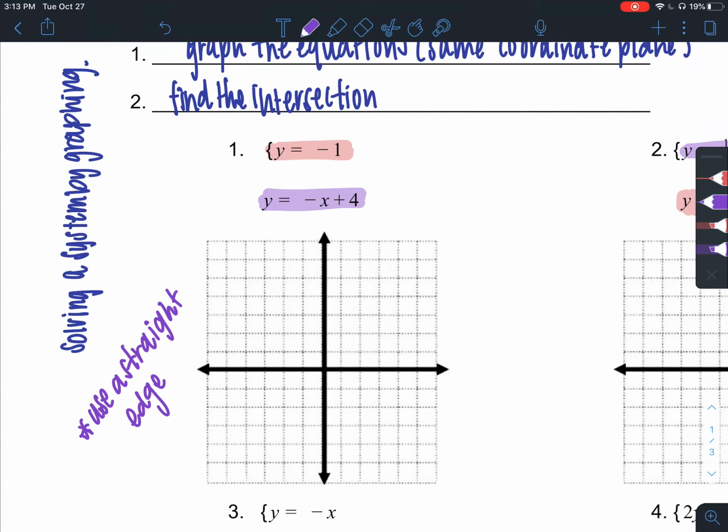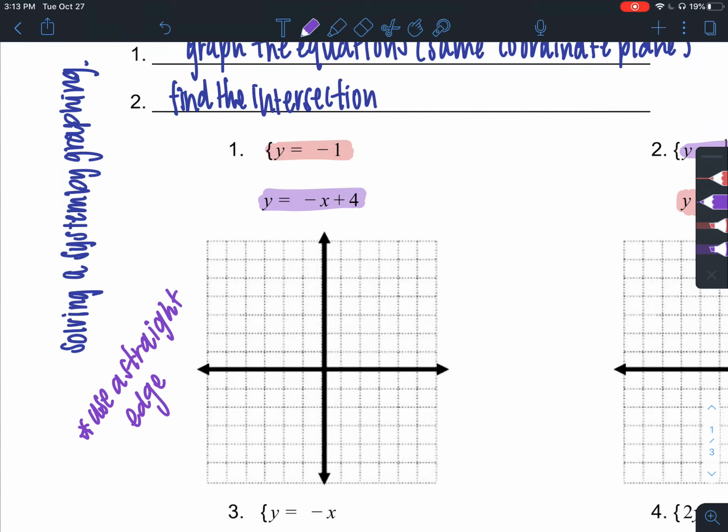So step one, we graph. So we have y equals -1. Here's y equals -1, and it's going to be a straight horizontal line. All right, and then we want to graph -x plus 4. So I'm going to go up 4 and then a slope of -1.